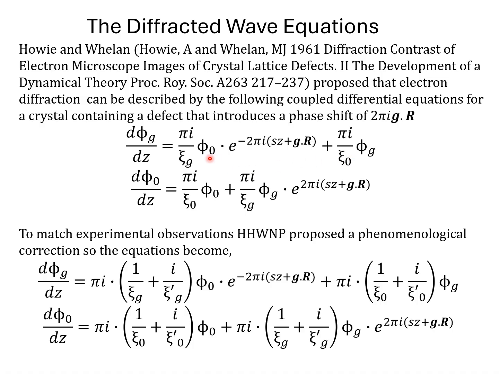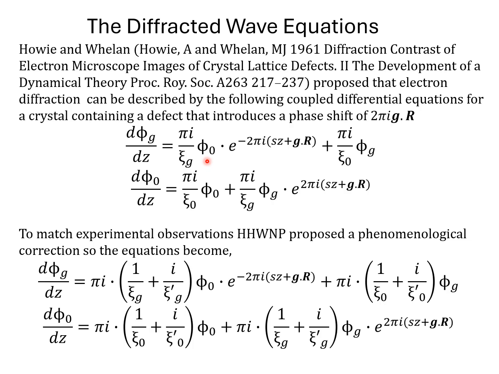And this defines the distance in the crystal that the electron is traveling where you might get complete diffraction. Sorry, it actually corresponds to an oscillation in the intensity which is a full cycle. So we're going from a bright image to a dark contrast, bright to dark to bright. So this intensity will vary down the crystal.